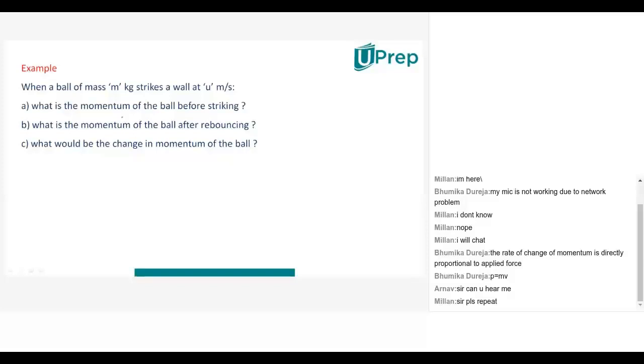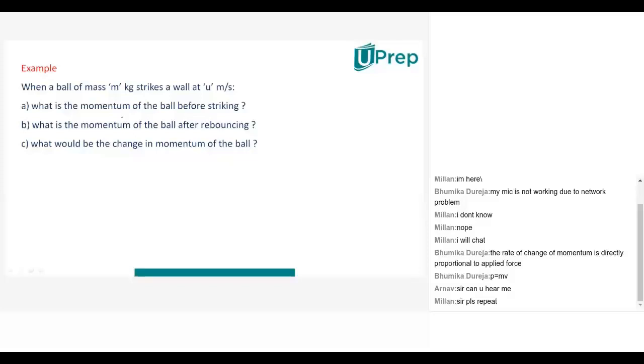Why do you have to write minus? Sir, it is in the opposite direction. Very good. It is in the opposite direction. So as it is in the opposite direction, we have to mention it with a minus. So minus mu.